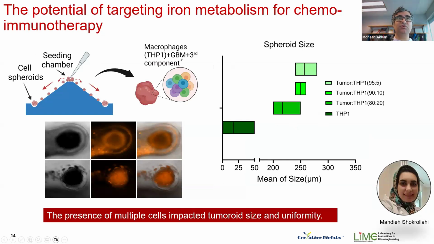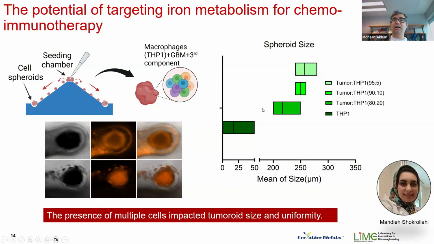In this case, we just used macrophage cell lines, the well-known THP1 cell line, in combination with the glioblastoma cells, and then a third component which is out of the scope of this talk. And then we wanted to form this tumor spheroid. This is a triculture spheroid system, tumoroid system, made in our Tumoroid-on-a-Plate platform.